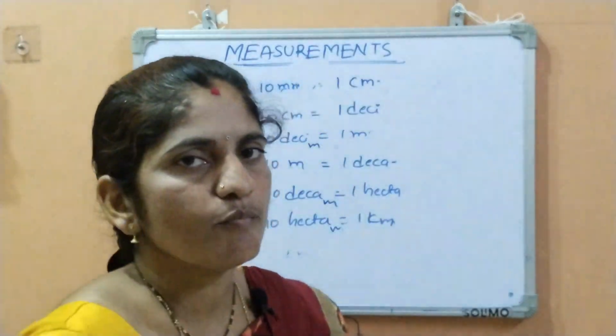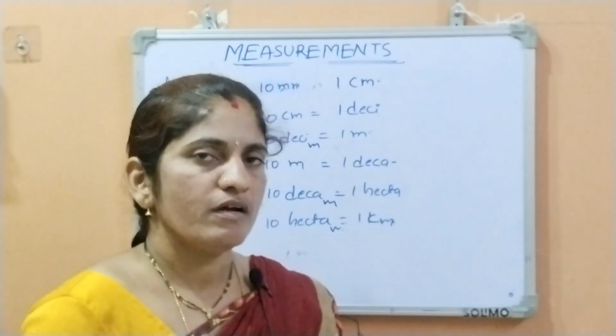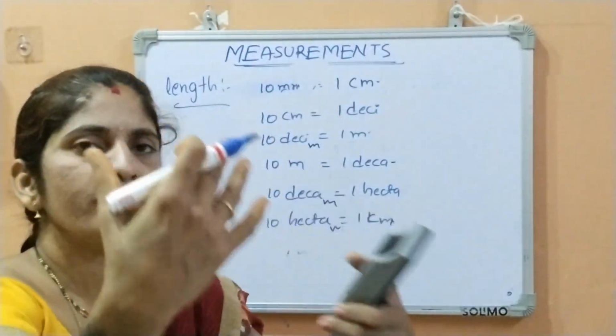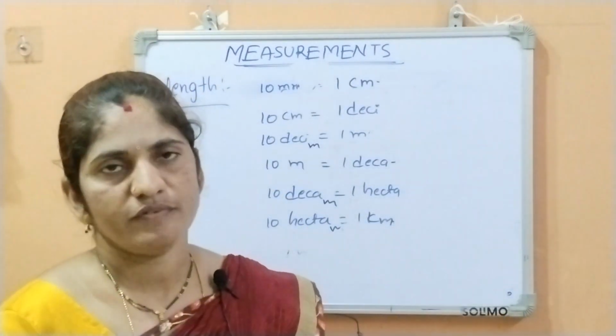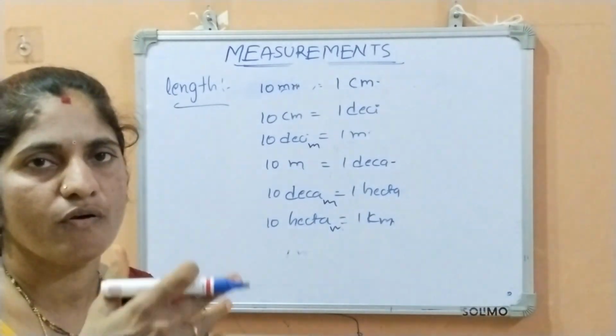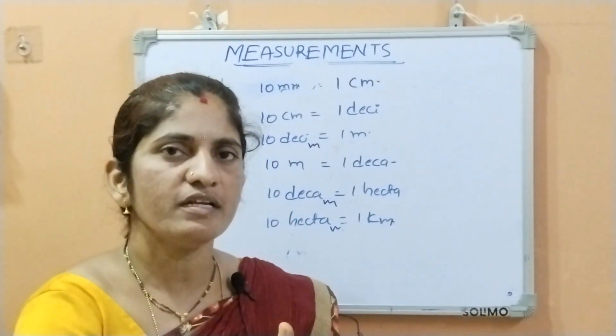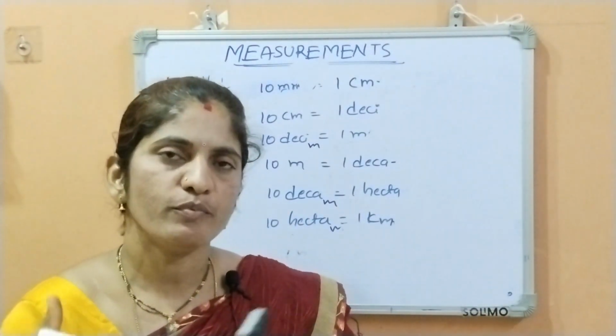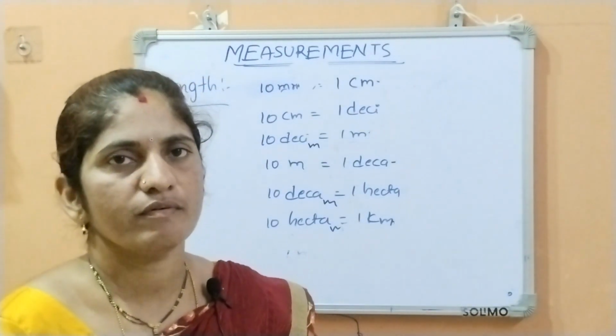We observed examples of conversion from bigger units to smaller units. We are putting zeros for however many gaps there are, that number of zeros we are putting next to 1.